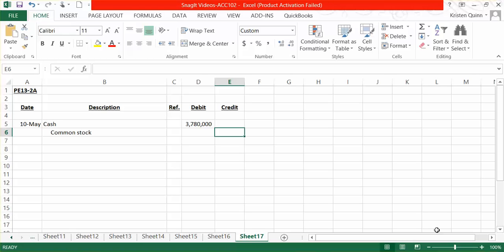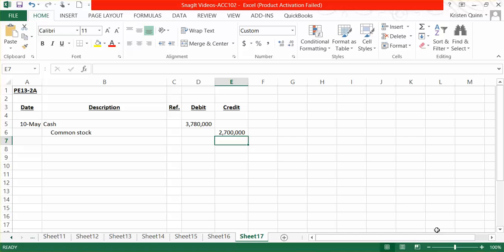All of our common stock and preferred stock accounts cannot be credited for more than their par or stated value. Again, we are selling 90,000 shares, and there's a par value of $30 per share. So we will credit our common stock account for $2,700,000.